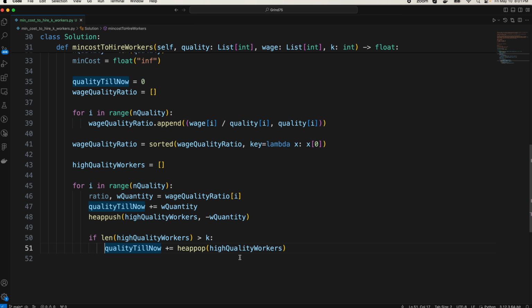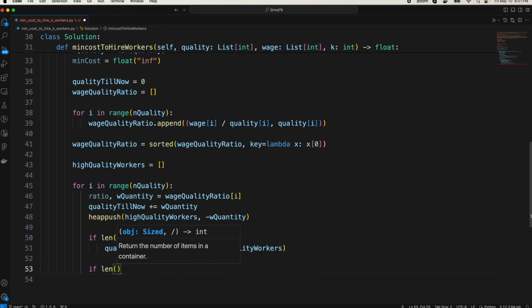We just want to subtract that because we have added the negative, so it negates, it subtracts the top quantity worker from the value that we have in the quality till now.